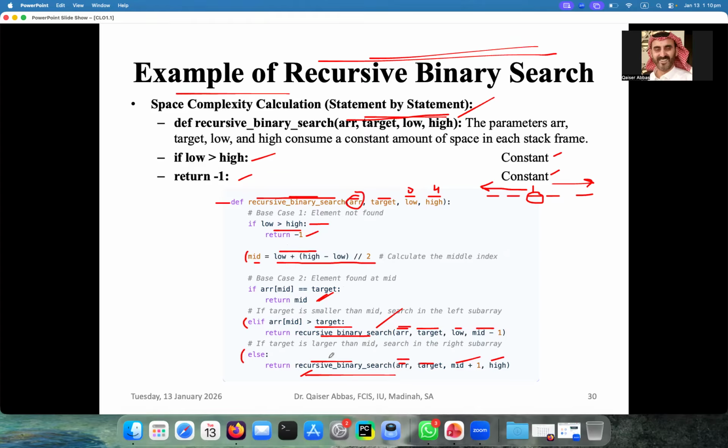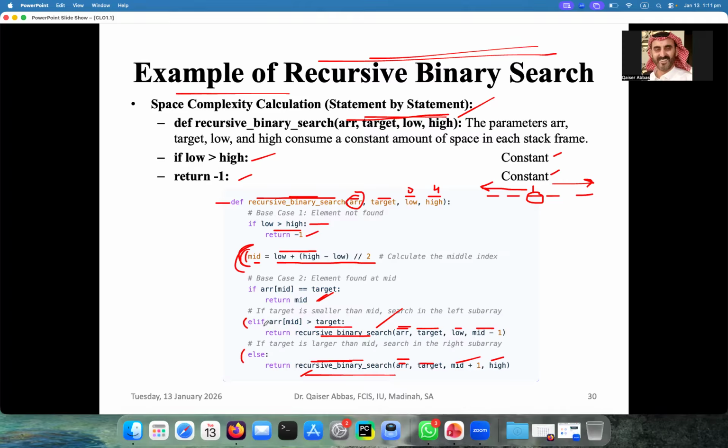But here we have recursion. When you have recursion in an algorithm, you have to focus more on recursion. In each iteration, the problem will be divided into half due to this mid that we are calculating. How much time will it execute?